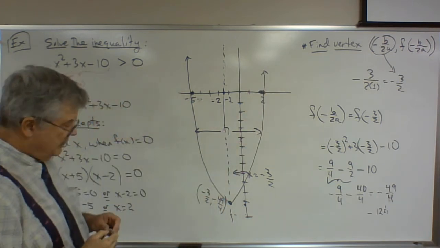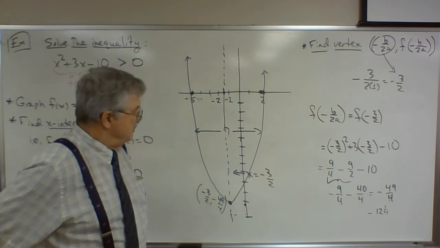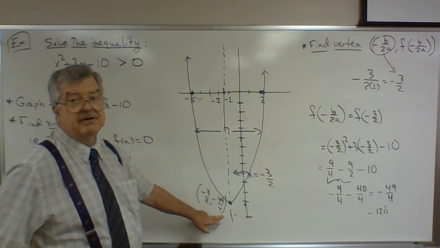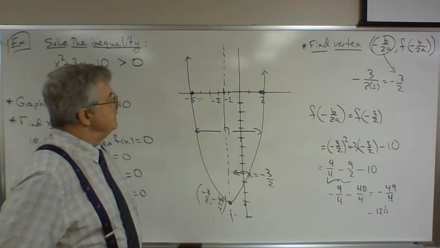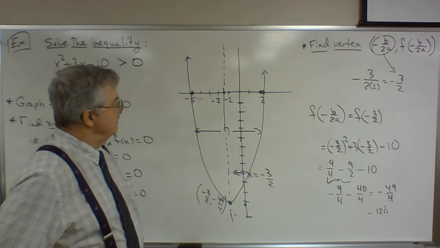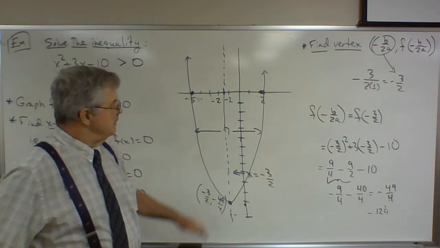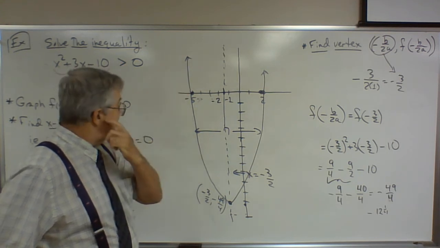Now, why was it so important for us to find the vertex? Essentially, it told us where the graph was going to be below the x-axis and where the graph was going to be above the x-axis.